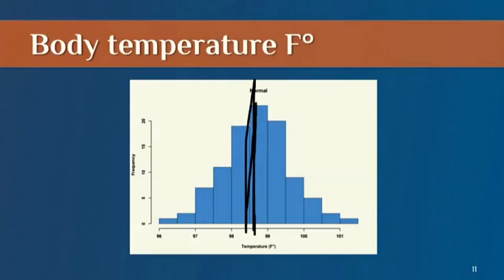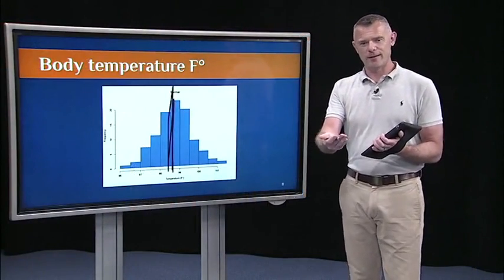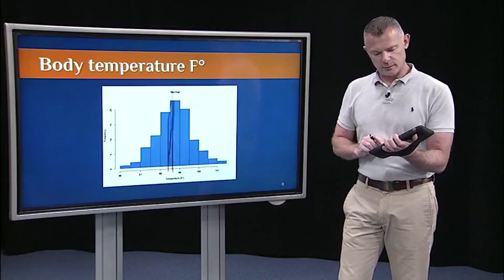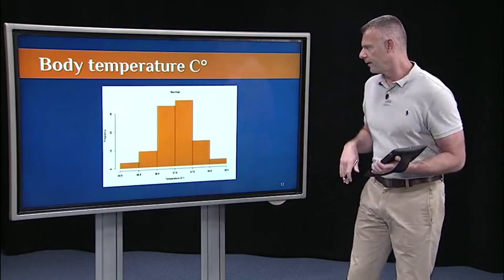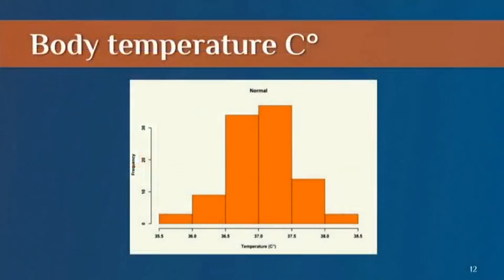So this is a nice normal distribution. I know probably the majority of the students out there are more comfortable with Celsius, so I just replotted it. In Celsius, same exact data. In Celsius, normal body temperature average is 37, and that's like right here. Okay, so we have nice normal distributions.